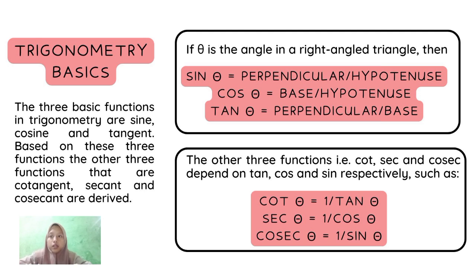The other three functions, cotangent, secant, and cosecant, depend on tan, cos, and sin respectively, such that cot theta equals 1 divided by tan theta, sec theta equals 1 divided by cos theta, and cosec theta equals 1 divided by sin theta.